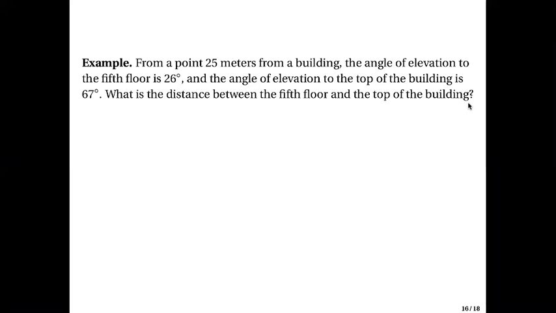Let's illustrate this. Suppose this is the ground, and let us put the building somewhere here. So again, from a point 25 meters from a building, the angle of elevation to the fifth floor is 26 degrees. And the angle of elevation to the top of the building is 67 degrees. So suppose this is the point 25 meters away from the building.